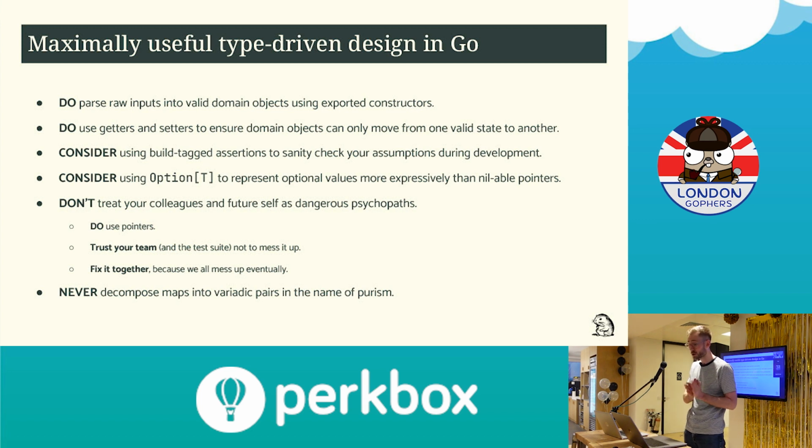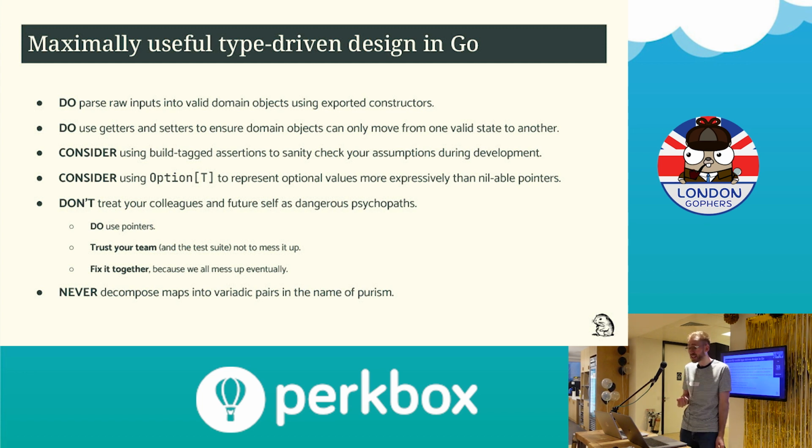Do use those getters and setters. And I actually recommend you consider using build tagged assertions to sanity check all manner of things that you assume can never happen, because I absolutely guarantee some of those assumptions are wrong. Never events happen all the time. And you can catch a lot of these at dev time with no production impact whatsoever.